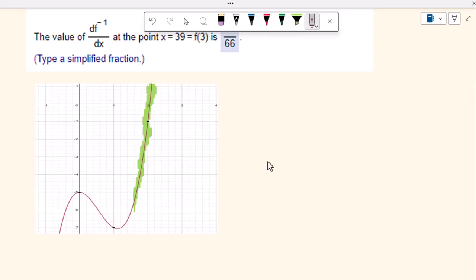Okay, let's go ahead and try to find the inverse. It is one-to-one on the interval 1.5 to infinity, so an inverse exists there. Let's go ahead and find that inverse.